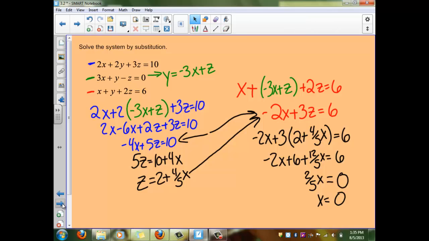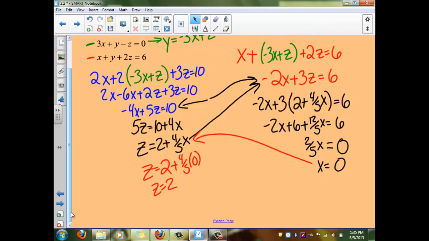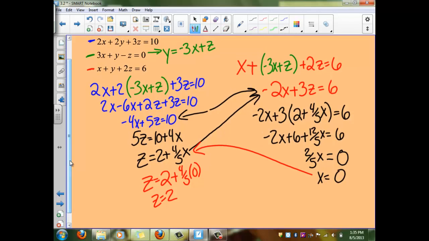Now we can substitute that in over here. And if x is 0, z is going to be 2 plus 4/5 times 0, or z equals 2. And now we can come back up to our y.